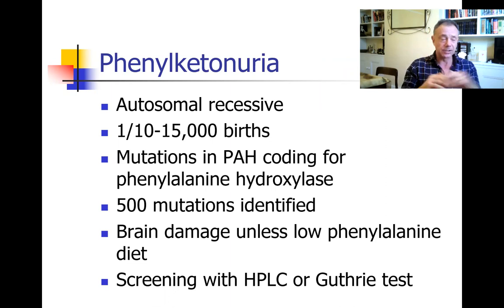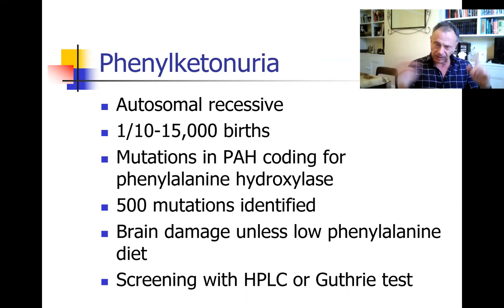Another thing is that although it's relatively common for a Mendelian disorder, one of the commonest, at around 1 in 10,000 live births, in modern Western societies you never come across it as a phenotype. You never find people who've got phenylketonuria and intellectual disability. The reason is that every baby is screened at birth for phenylketonuria.